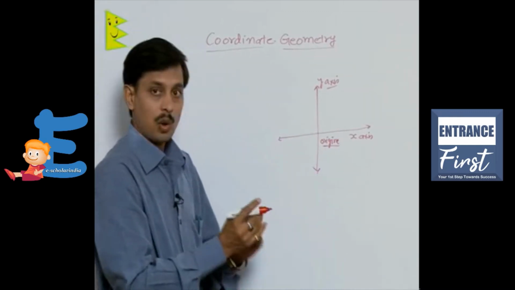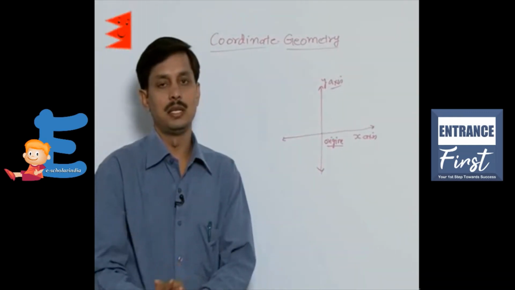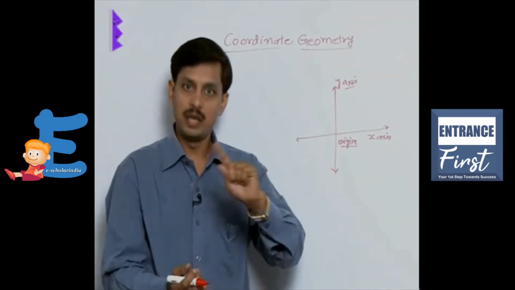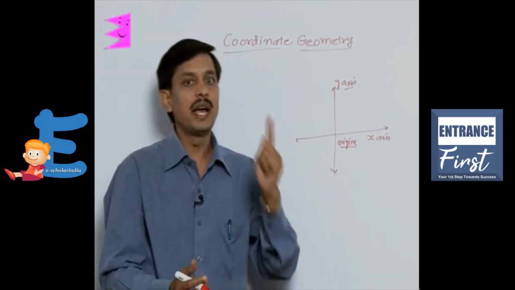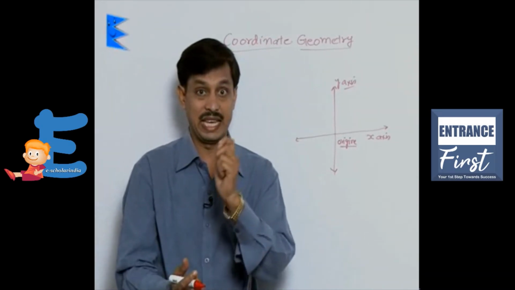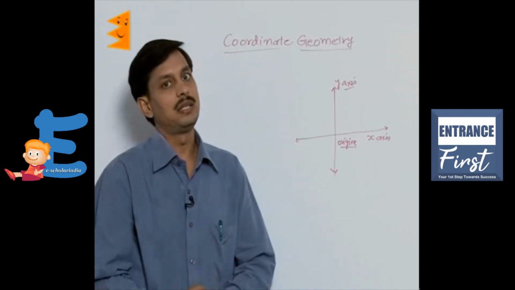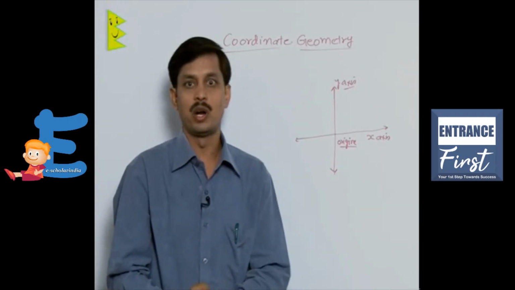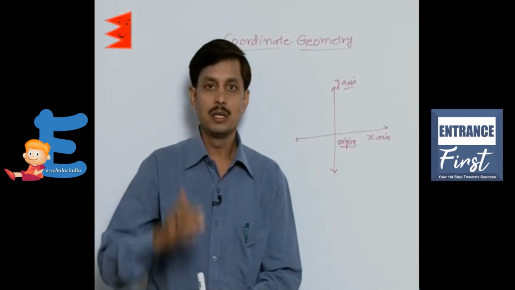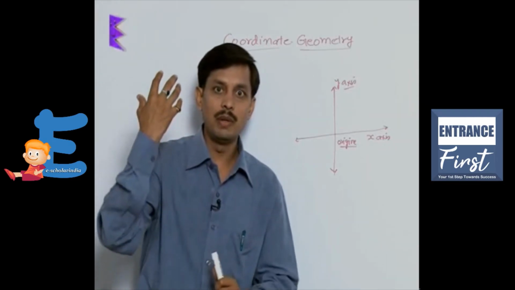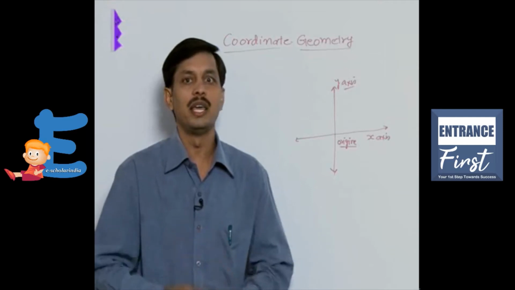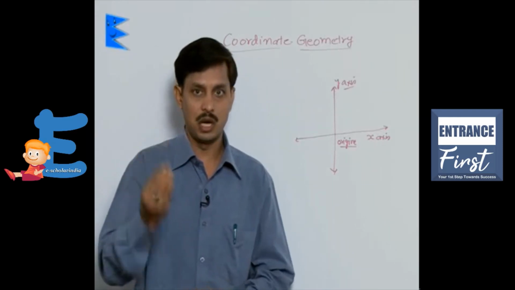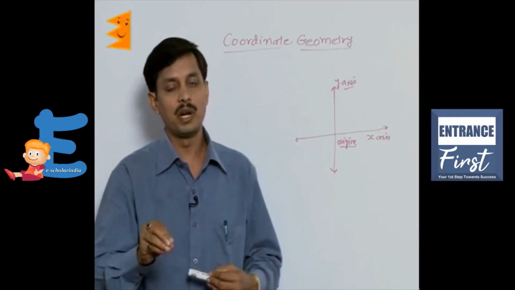This is the origin. The question is that on the basis of the sign of the abscissa and ordinate, if I use the correct order, abscissa and ordinate, because we always take x-axis first and y-axis second, we can classify in which quadrant that point lies. But there may be some position where we will say this point is not lying in any of the quadrants. How does that situation actually come and what is that property?